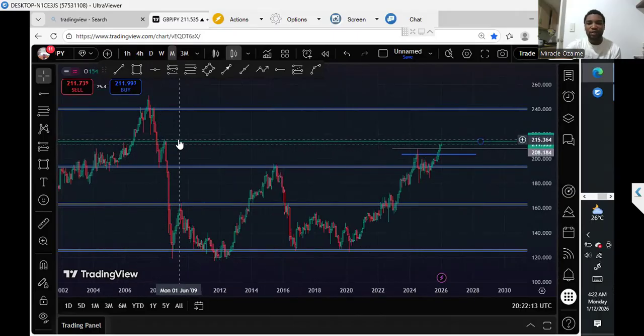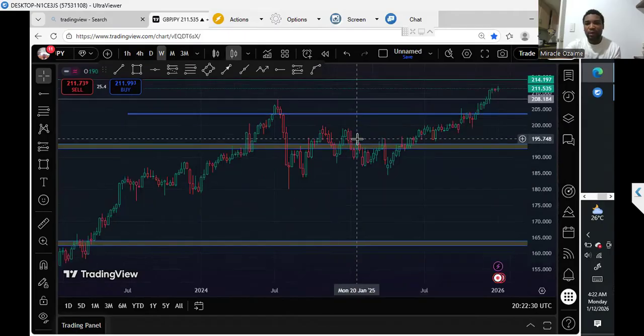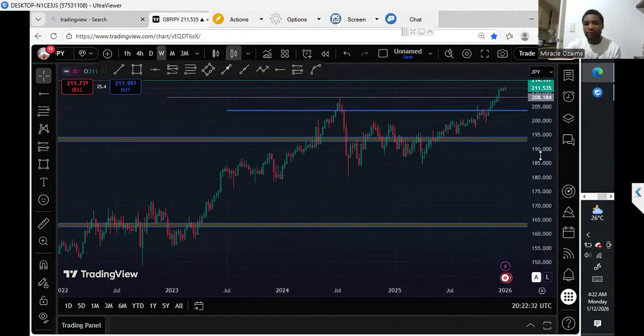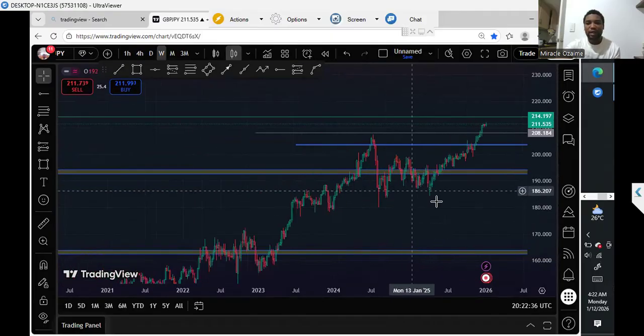Remember this supply region I was telling you about that the market wants to come and test. It's almost at that region, this level around this area, this supply region. So the market definitely will come and test this. So we had a base around this area on the weekly time frame.